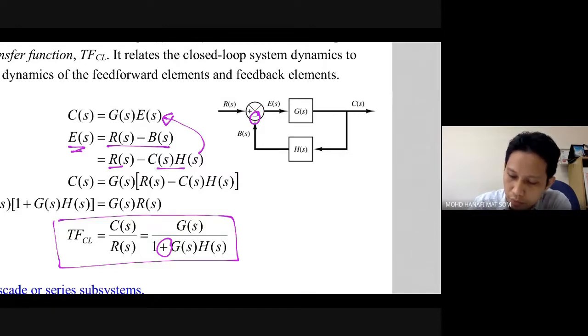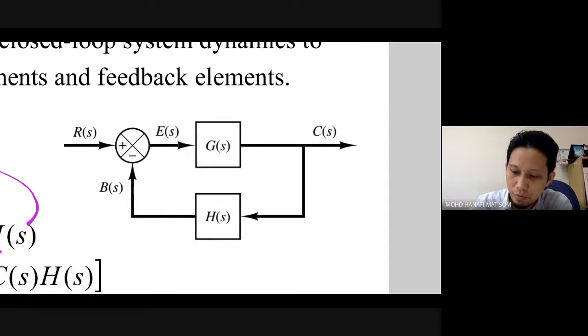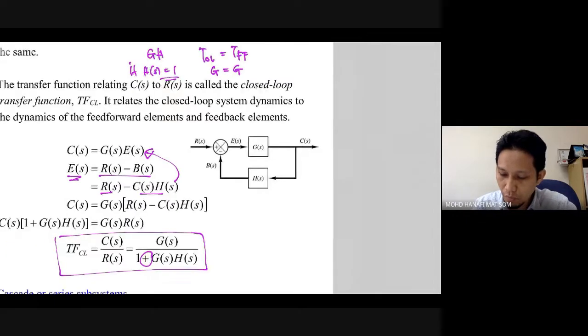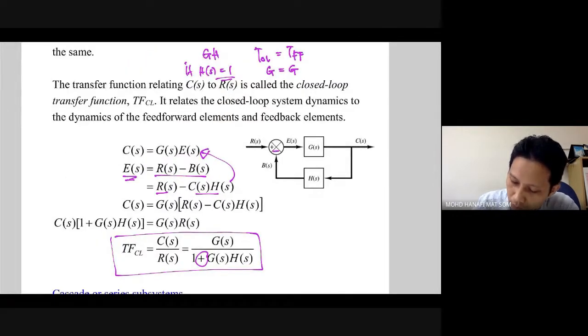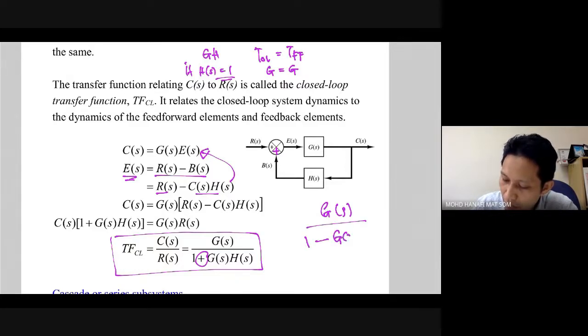Whenever the sign of the feedback path is positive, your transfer function becomes G(s) over 1 minus G(s)H(s). Any questions so far?